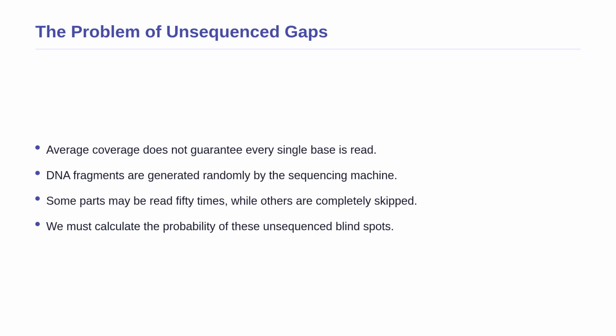By pure chance, some parts of the genome might be read 50 times, while other parts are completely skipped. These skipped parts become blind spots in our data. To truly understand the quality of our sequencing experiment, we can't just rely on the average. We must mathematically calculate the probability of these unsequenced gaps occurring.